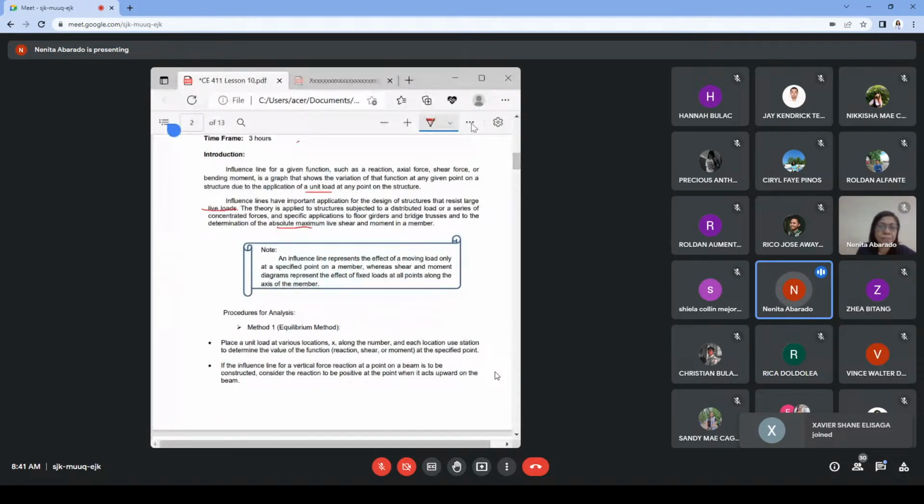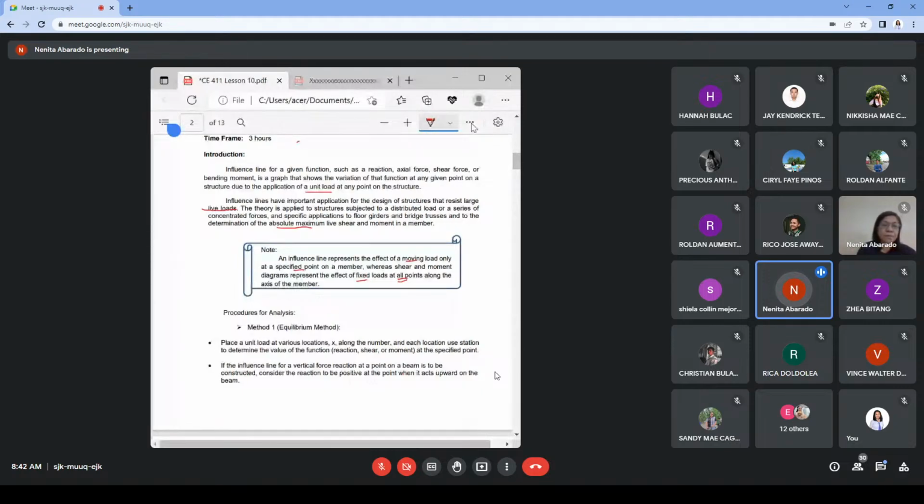So, ang influence line, effect of moving loads at a specified point, whereas the shear and moment diagram represents the effect of fixed loads at all points. Yan ang pagkakaiba, no? Okay.